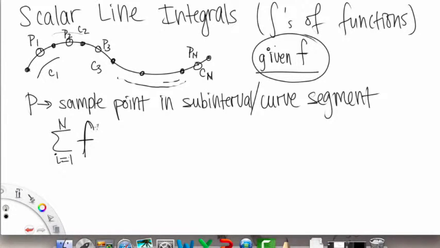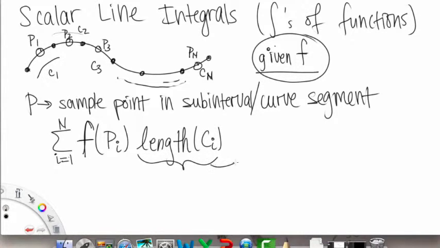So the function evaluated at your sample point, times the length of your little curve, the length of c sub i. As I said, the length of c sub i is, in their notation, delta s sub i. So s represents your arc length. So your little arc length, right? The length of c sub 1 in this case would be the length of this curve.